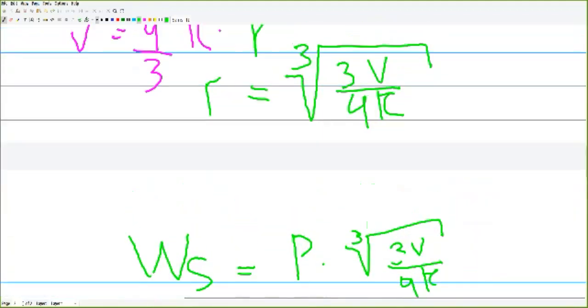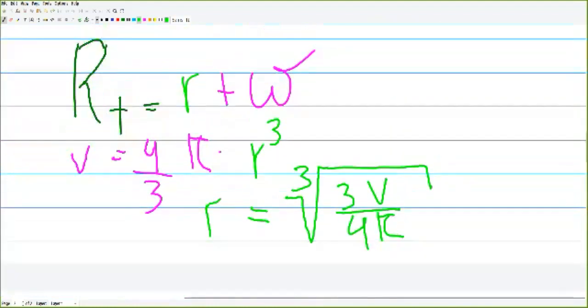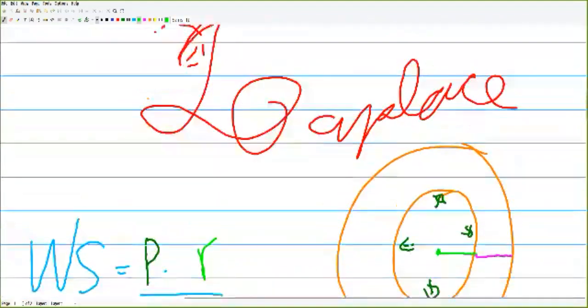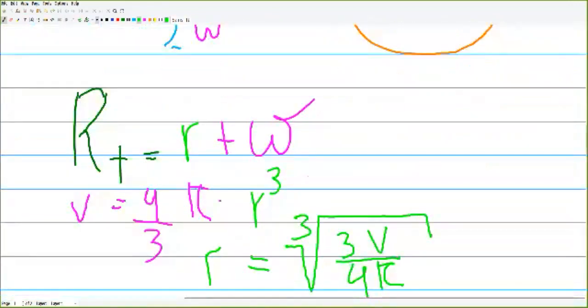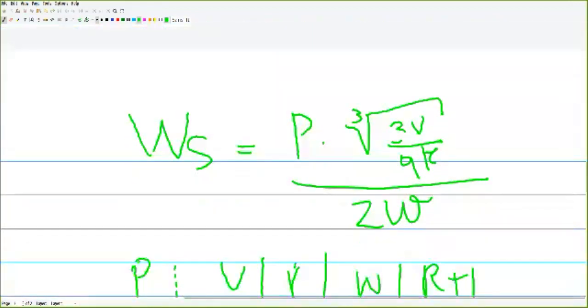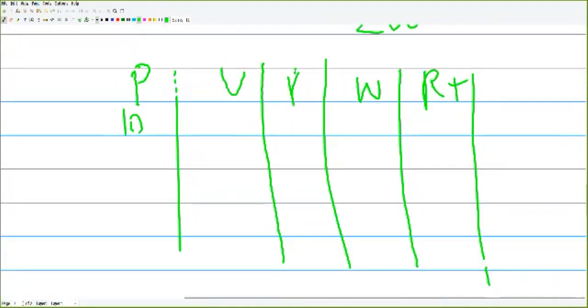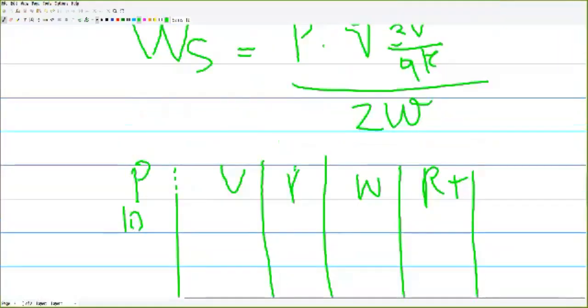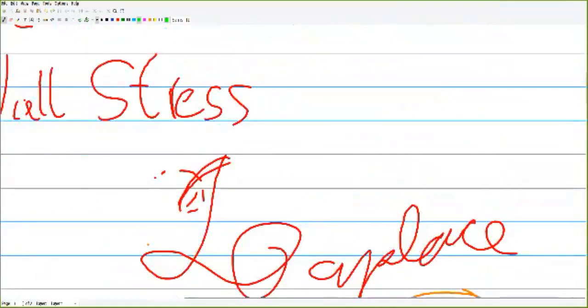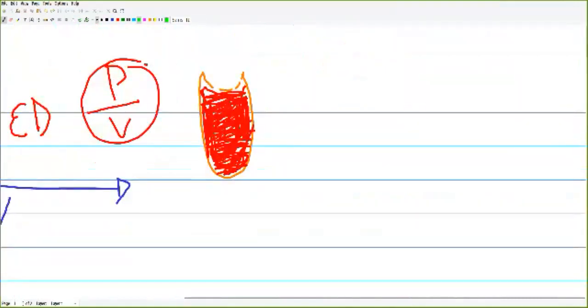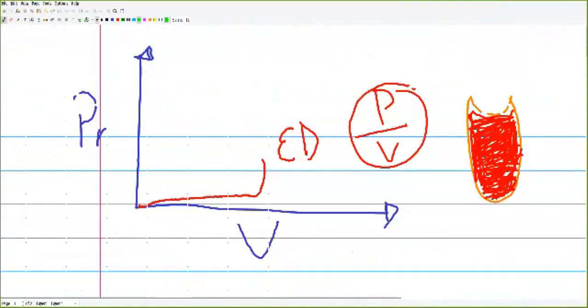And the volume is 4/3 of pi times r cubed. Well, in this case, over up here, we did the graph.